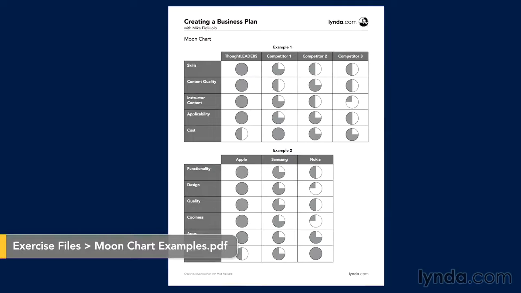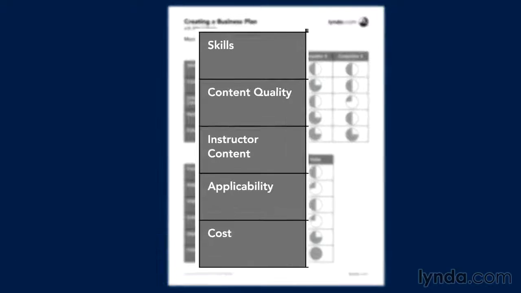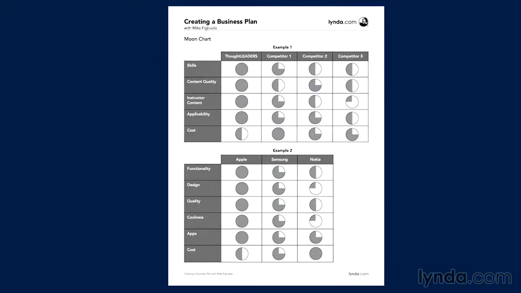My example, in my business, again, we sell training services. And the purchase motivators that we look at are the skill gaps that are being filled, the quality of the content, the quality of the instructor who delivers the content, the applicability of that content to a participant's job, and then the cost of the training. Then we look at our competitors and some of the commodity training that's out there.